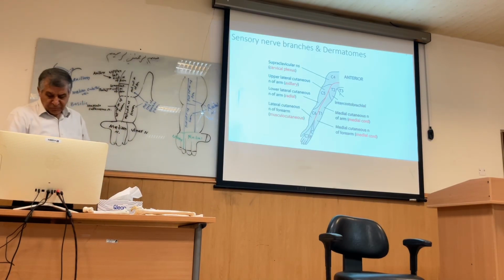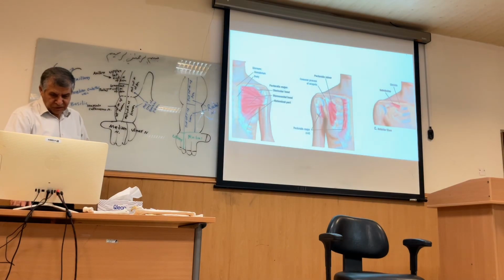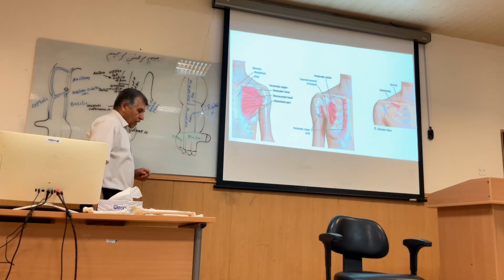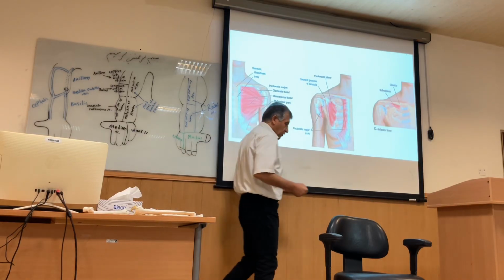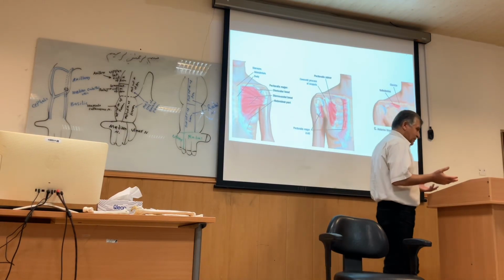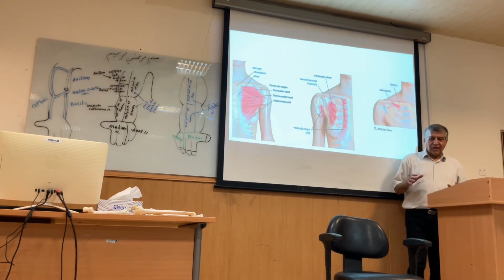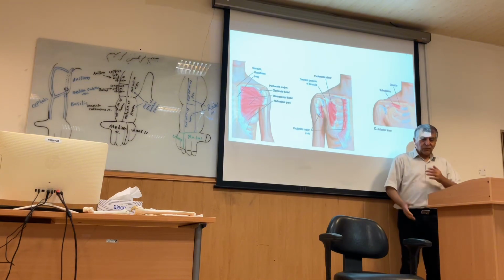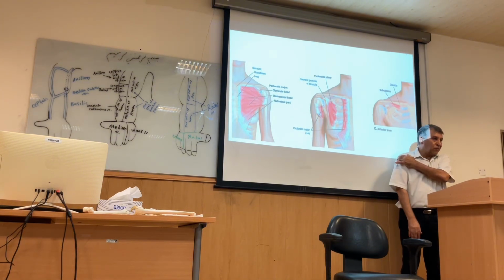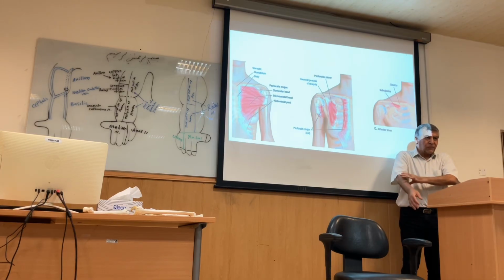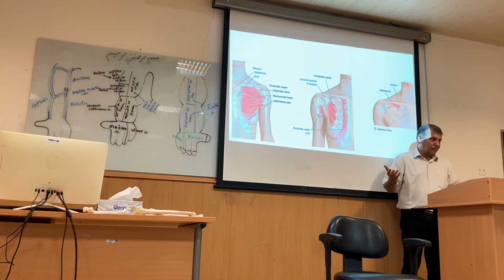Superficial fascia is removed. Deep fascia is removed. We can see some muscles. These muscles are classified into shoulder-girdle muscles, arm muscles, forearm muscles, and hand muscles.